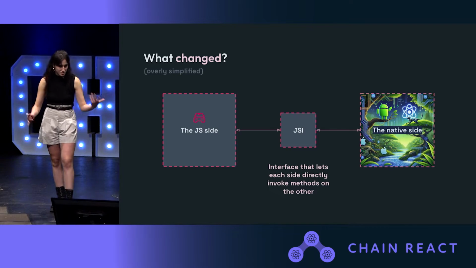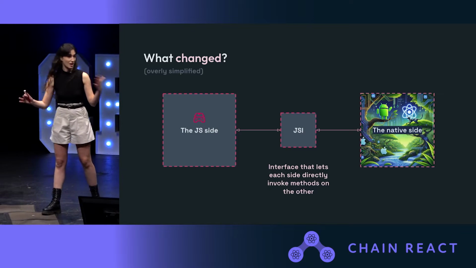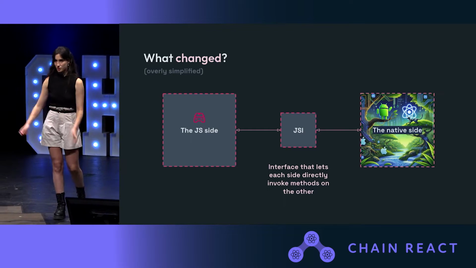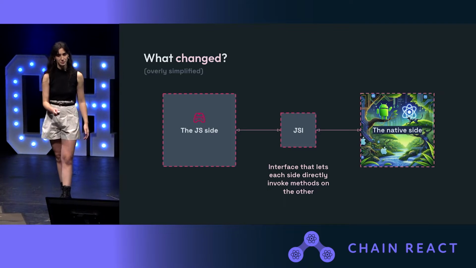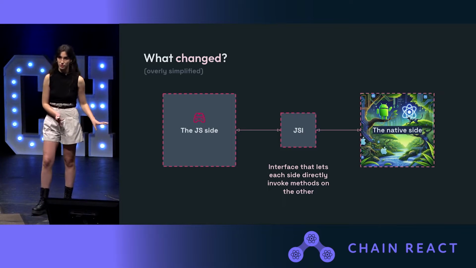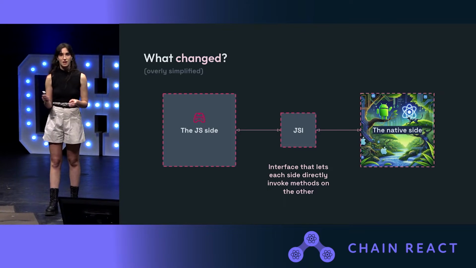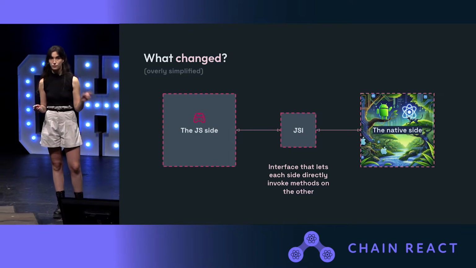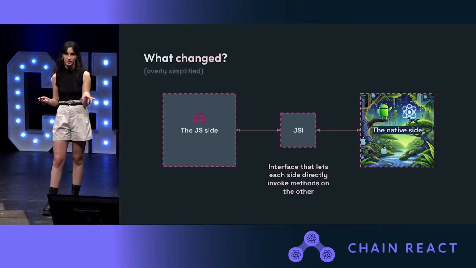And there's also a new renderer that goes along with this, and a lot of other things you may know of. But take a look at the documentation if you want to learn more. This got rid of the bottlenecks. You don't have to pay serialization and deserialization taxes now. And you don't have to wait for an answer from the native side if you don't need it.